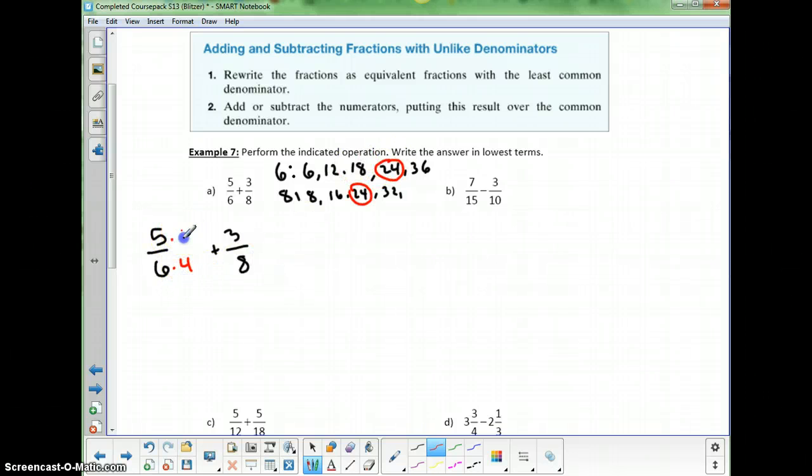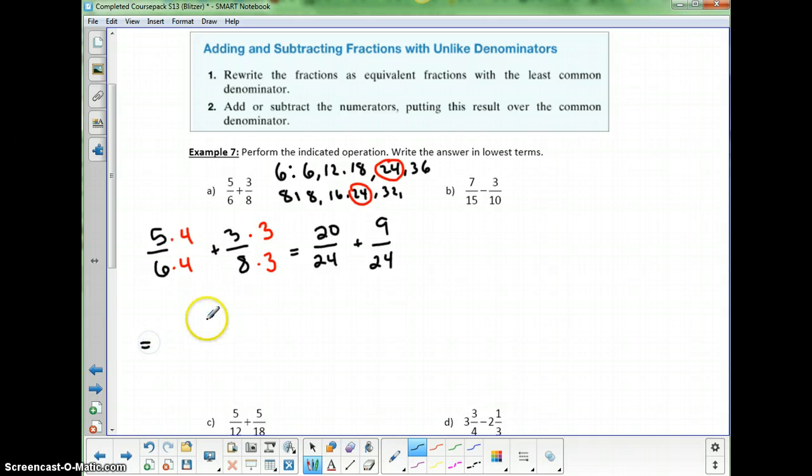So I'm going to multiply both top and bottom of this fraction by the same number, and then multiply this one by 3 because 8 times 3 is going to get me to 24. Okay. So when I rewrite, this fraction becomes 5 times 4 is 20, over 6 times 4 is 24, plus 3 times 3 is 9, over 8 times 3 is 24. So they've got common denominators now.